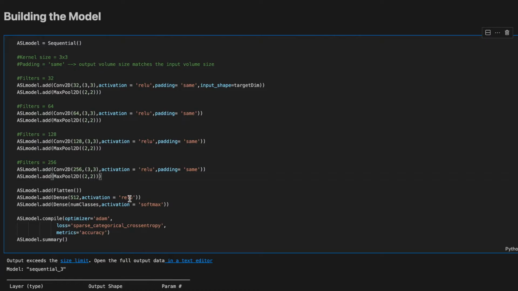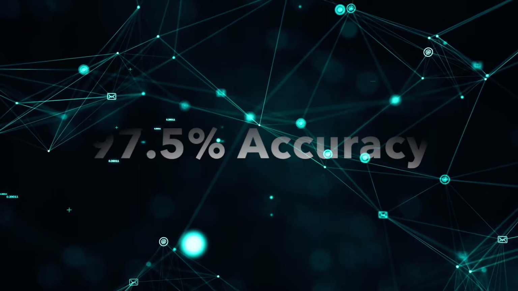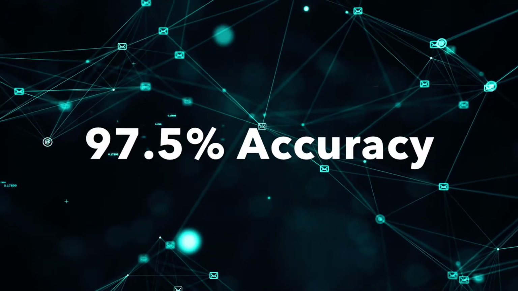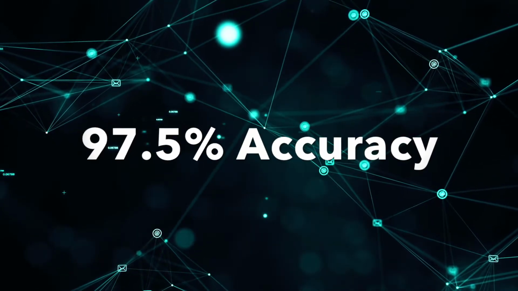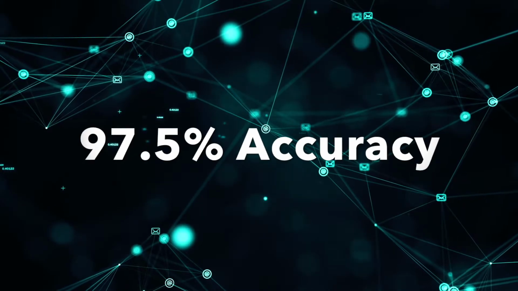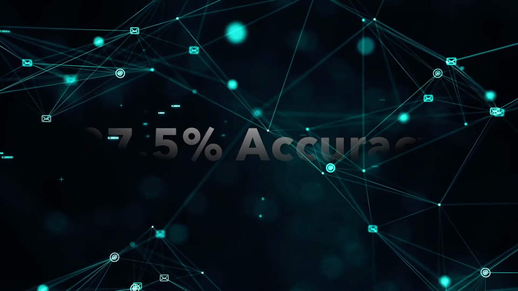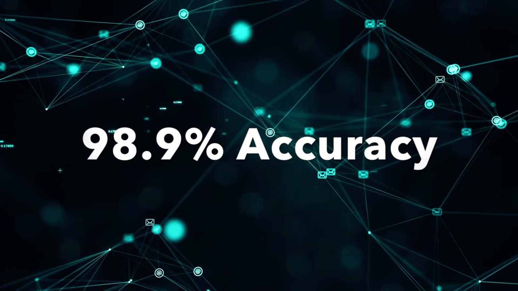As optimizer for this model, Adam was used. This model showed 97.5% accuracy on testing data, which was done through Colab. But after this, 1,300 images were taken through the application, and classification on those images showed 98.9% accuracy.